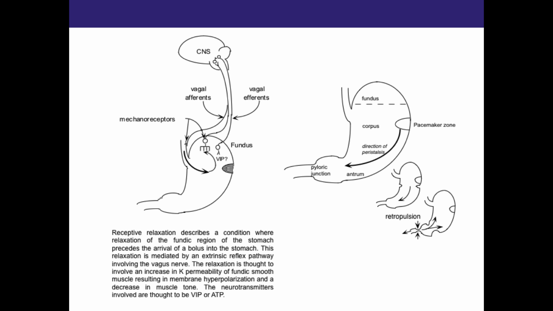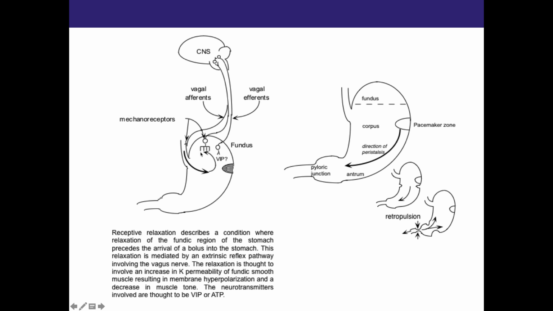As soon as you get some receptors that are activated, that's what this particular symbol is. These are mechanoreceptors right here in the fundus region that are detecting a stretch. So as soon as you actually start to eat a meal, these mechanoreceptors, you can see here, detect stretch.